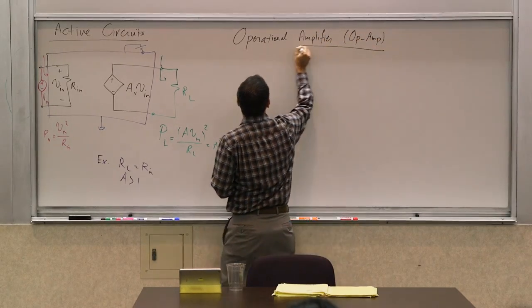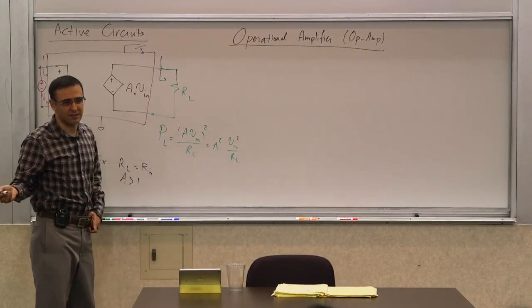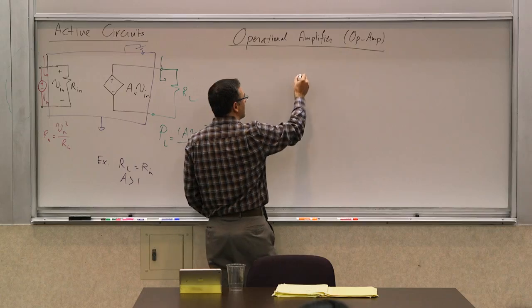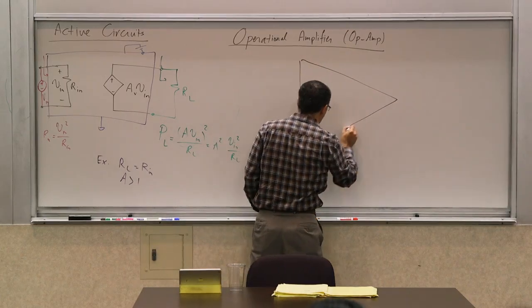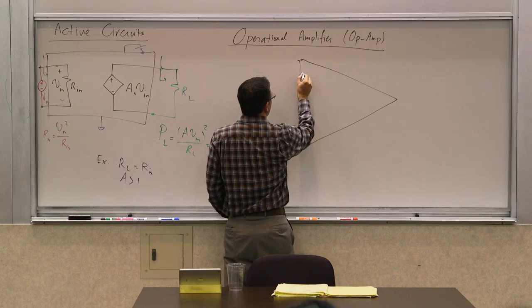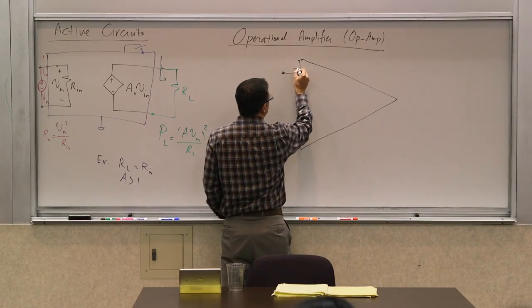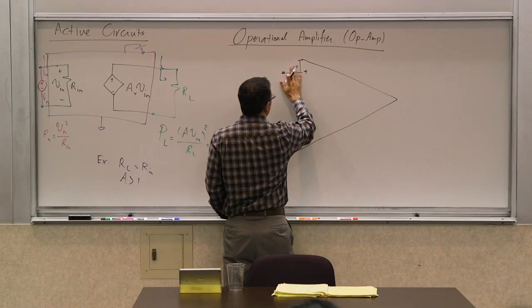So you will hear op-amps. What an op-amp really is, is something very similar to this. The symbol is a sideways triangle like this, which has two input terminals, a positive terminal and a negative terminal.